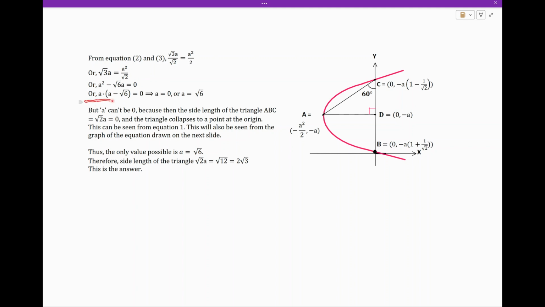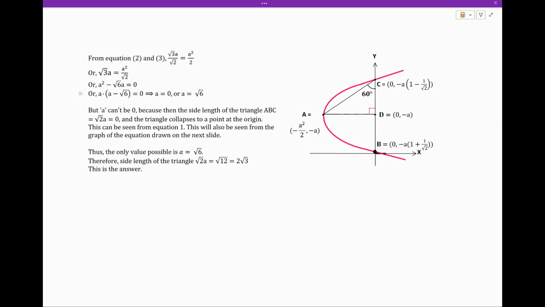So we get a multiplied by a minus square root of 6 is equal to 0. This implies that either a is equal to 0 or a is equal to square root of 6.